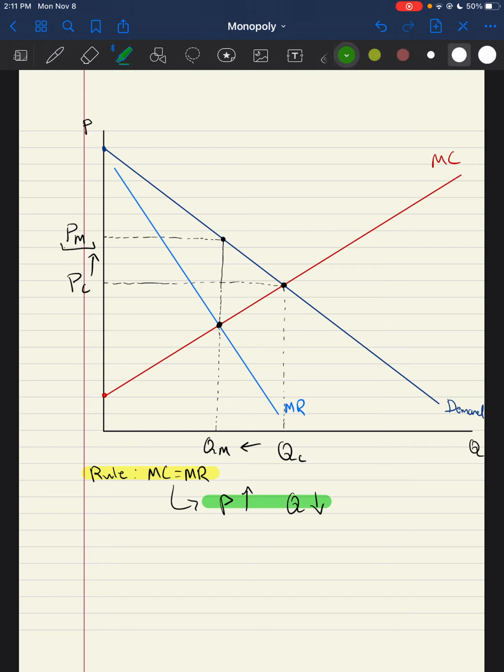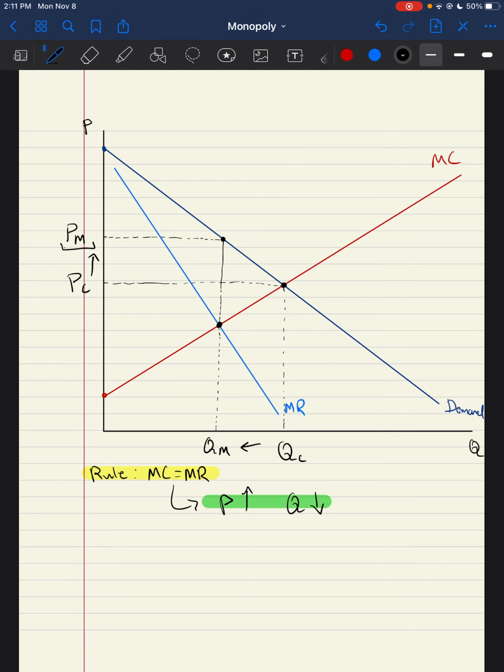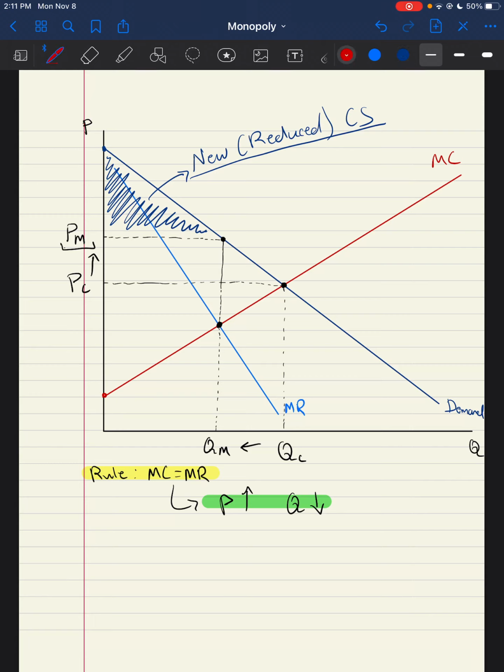First, let's highlight this area, or let's use some color here. So this area is our new reduced consumer surplus. It's our new consumer surplus. But what about this area here, this rectangle?